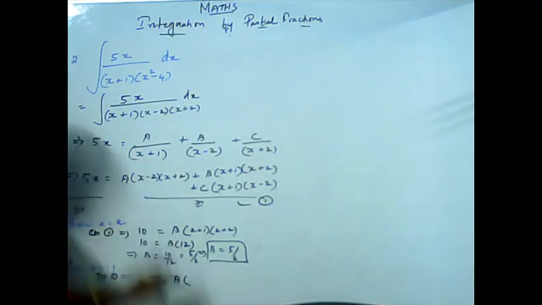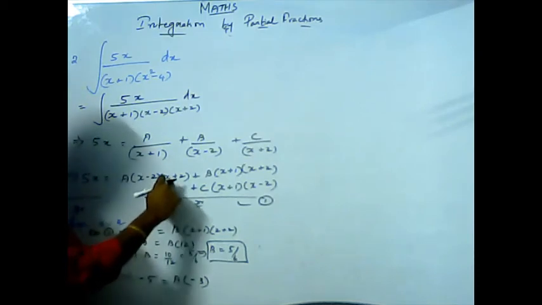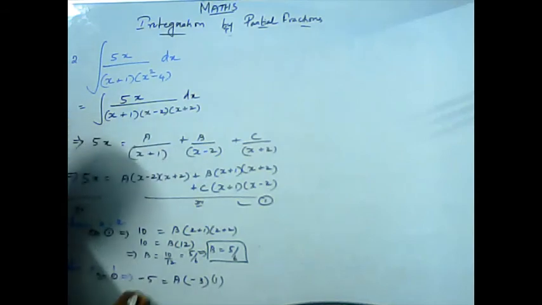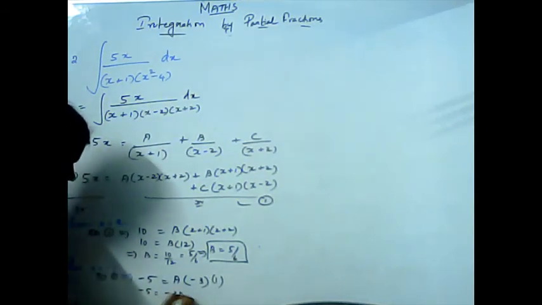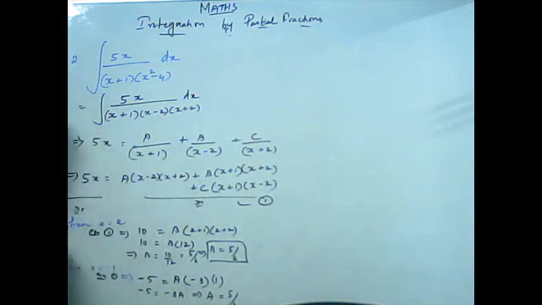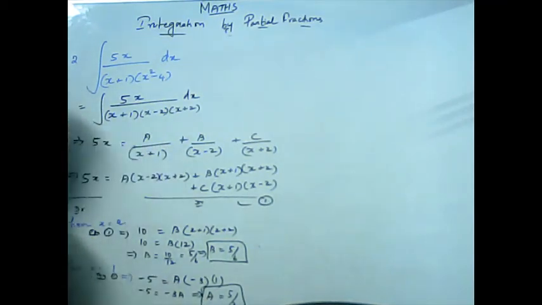So minus 1 minus 2 is minus 3, and minus 1 plus 2 is 1. So minus 5 is equal to minus 3A, which implies A is equal to 5 by 3. So my A value becomes 5 by 3.